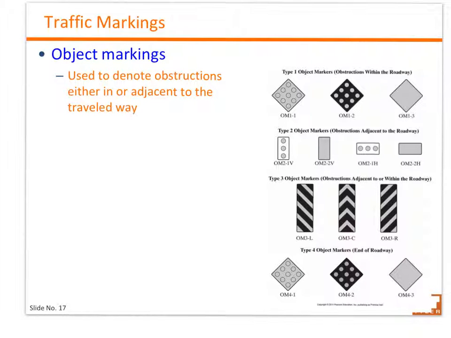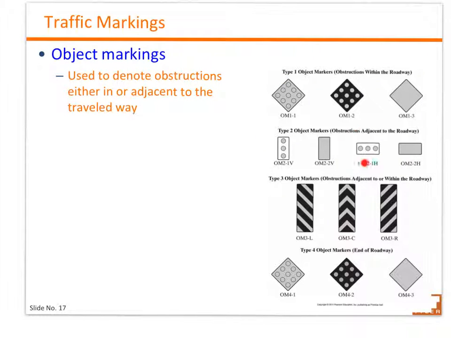Also, under the traffic markings, we have object markings. Object markings are used to denote obstructions either in or adjacent to the traveled way. So we have several types of those object markings. They are very useful. For example, type 1 are object markings to show obstructions within the roadway.